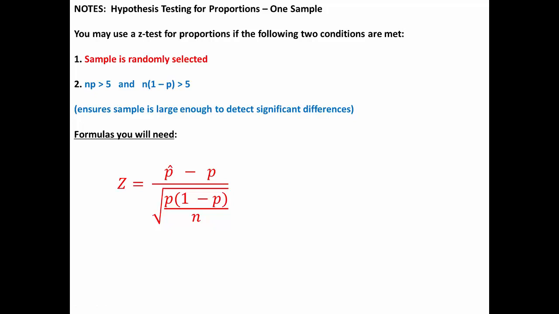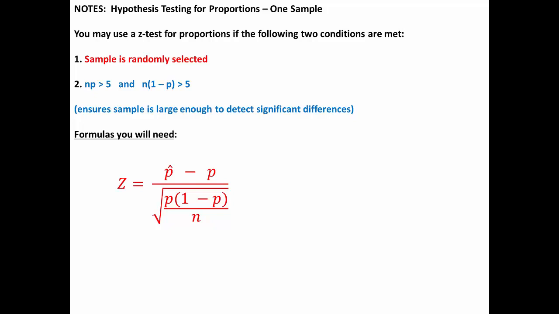The formula you will need looks familiar, but it's in terms of proportions. What is this p hat thing? Just a fancy p? A p that's ready to go out on the town? What does p hat actually represent compared to p? It's a sample proportion.